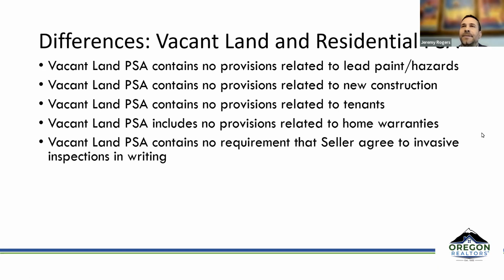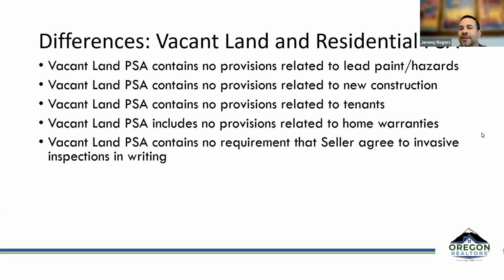Our residential agreement states that the seller must agree in writing to invasive inspections, but it also defines a handful of inspections, including radon, sewer scope, pest and dry rot, and locating an oil tank, as non-invasive. Whereas the vacant land agreement does not even include the requirement that the seller approve of invasive inspections.